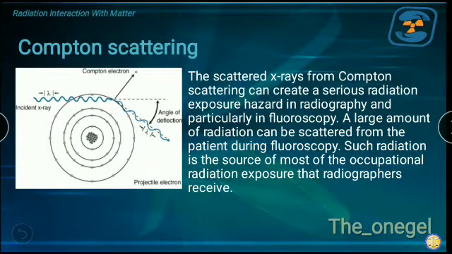The scattered X-ray from Compton scattering can create a serious radiation hazard in radiography and particularly in fluoroscopy. A large amount of radiation can be scattered from the patient during fluoroscopy. Such radiation is the source of most occupational radiation exposure that radiographers receive.